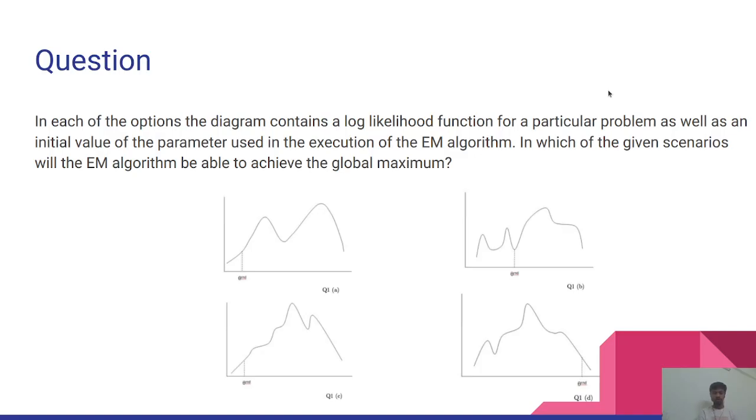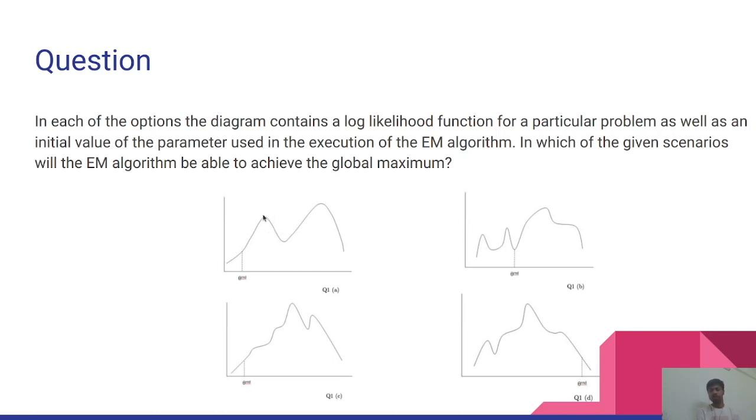Okay, so let's go to the first option. Basically, we are currently here and we want to reach here, right? This is the global maximum. So what we'll try to do is go uphill. From here we will go here, like this. We will reach here. This is the local maximum.